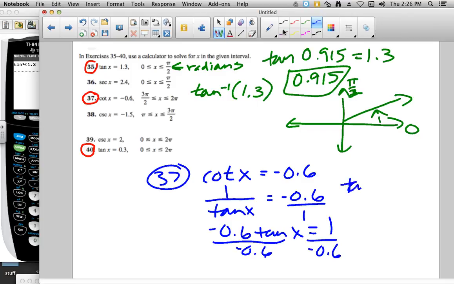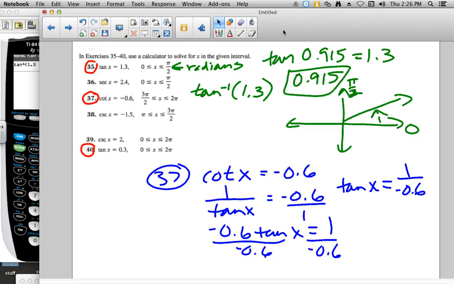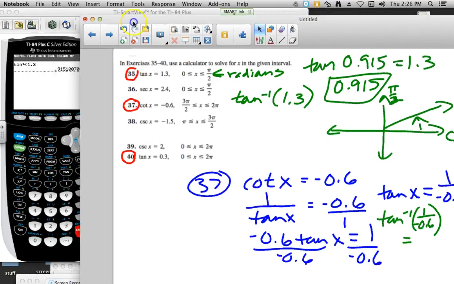And this gives us that the tangent of x equals 1 divided by negative 0.6. Now we can use the inverse tangent key. Now that will work for this problem. So we need the inverse tangent of 1 over negative 0.6. And that's because that's what cotangent is.